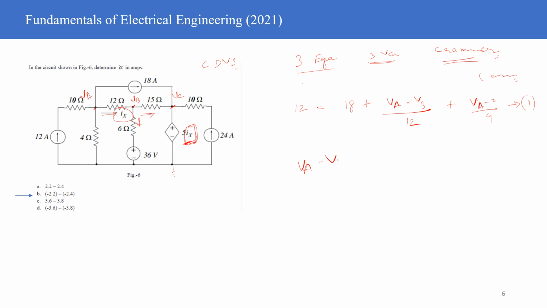So VA minus VB divided by 12 is equal to VB minus 36 divided by 6 plus VB minus VC divided by 15 is equal to, second number equation. Good.